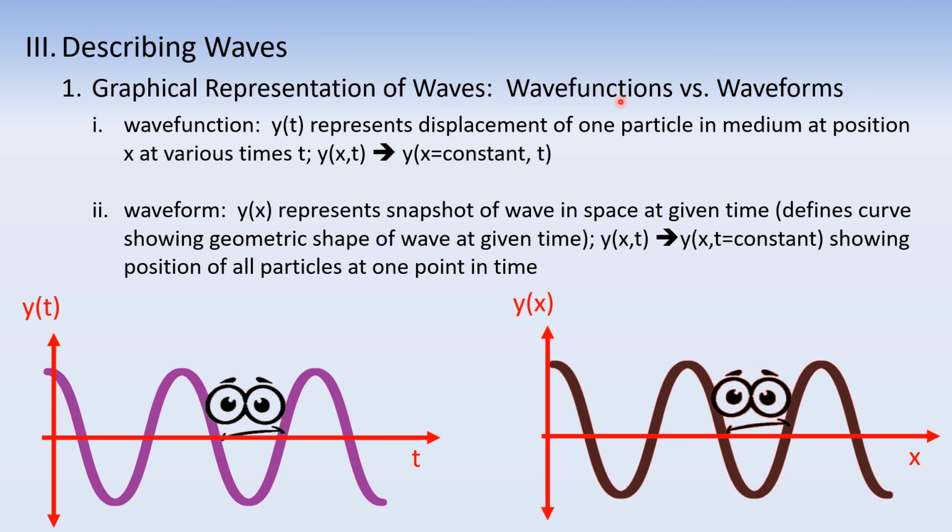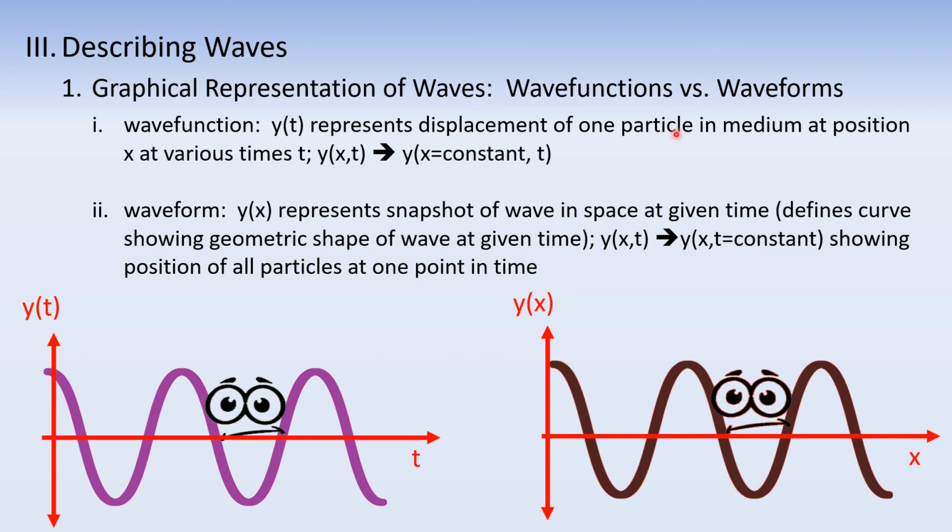The waveform defines the geometric curve or the shape of the wave at any given time. It's a spatial representation of the wave. So notice here that our generalized wave function y of x of t, now we're looking at many values of x, many different particles in the medium, but we're looking at one particular point in time. So this gives us a spatial representation of a wave. This is what we call a waveform.